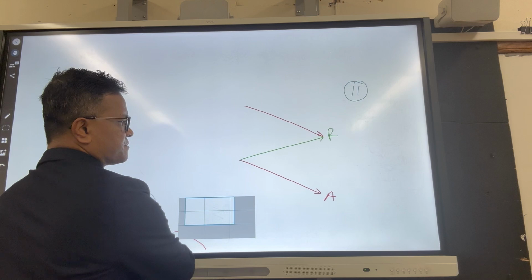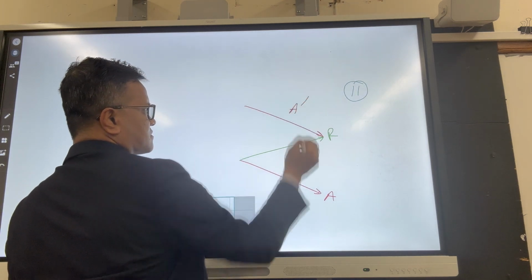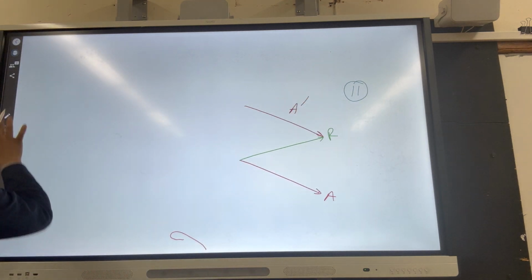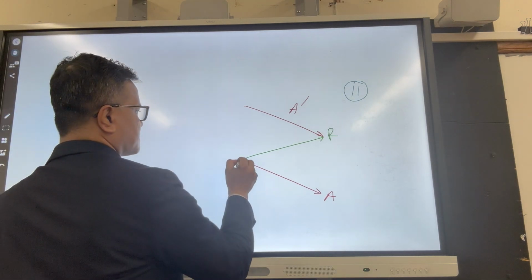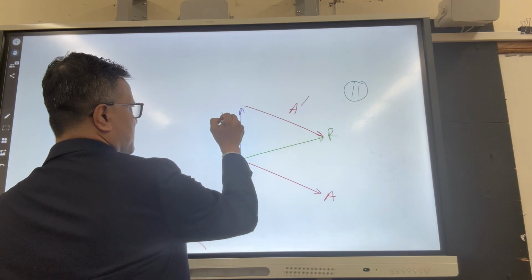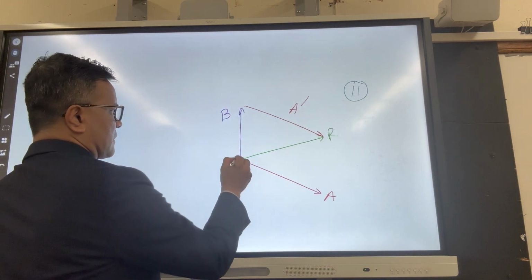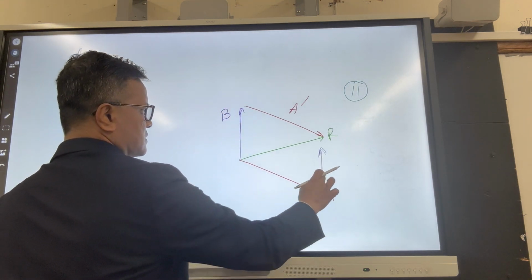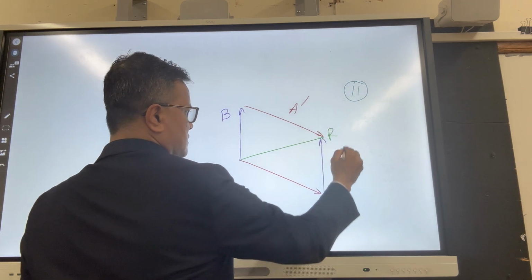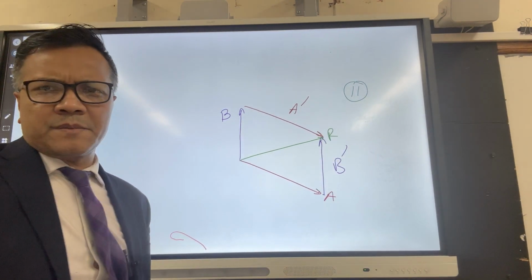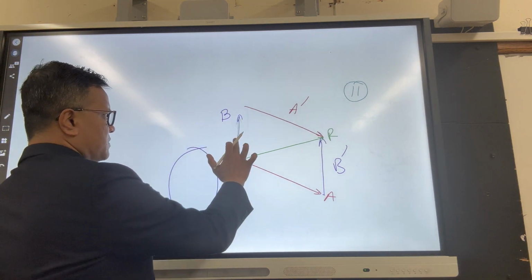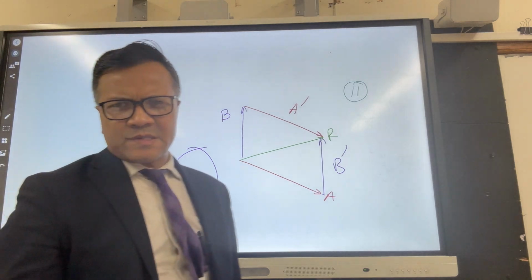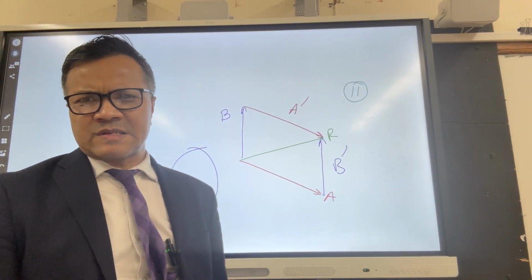So this is A. We are trying to find B. So this is B, and this is B prime. So the answer is this one. Next time you use the protractor, see what degree it is with respect to the x-axis.